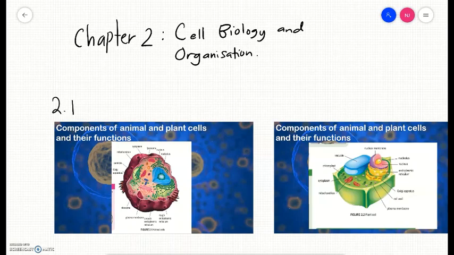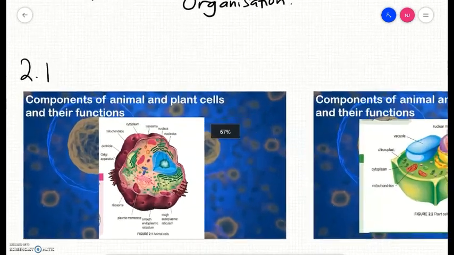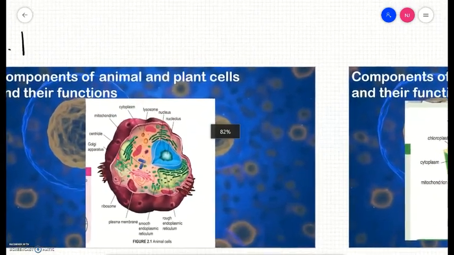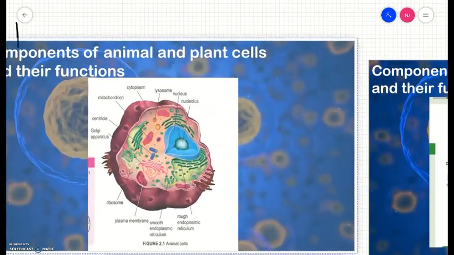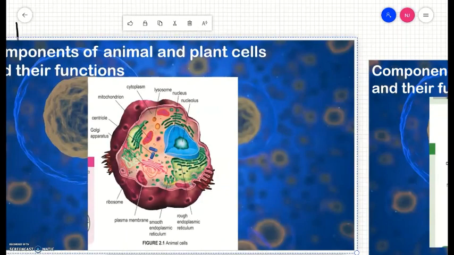Okay, so here's figure 2.1, animal cells, that you can find in the textbook. Okay, so we go through one by one. Start with cytoplasm.